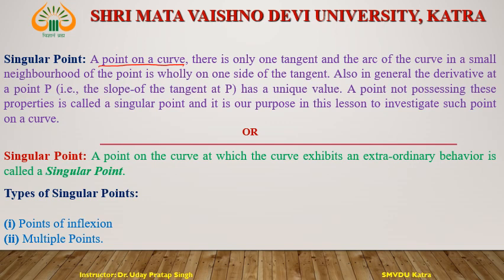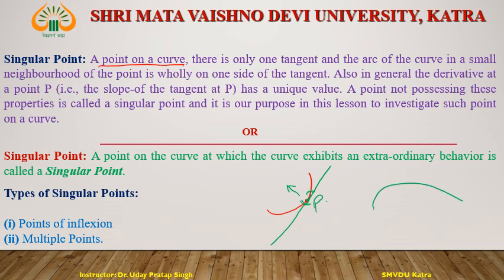See again, what is the definition of singular point? A point on a curve where there is one tangent at that point, and the arc of the curve in the small neighborhood of that point is wholly on one side of the tangent, right? For example, this is point P, say, and if we draw the tangent at that point P, then a small portion of this curve, the small neighborhood, lies on the upward side of it.